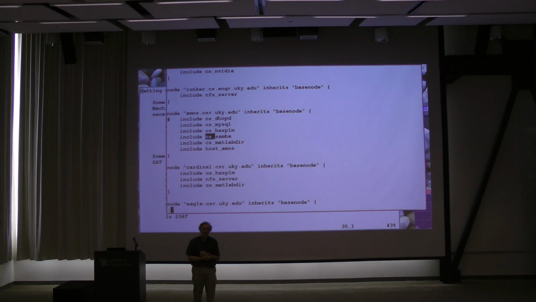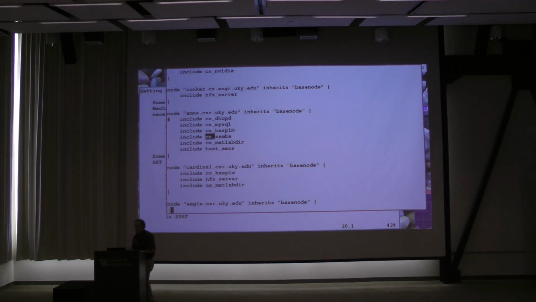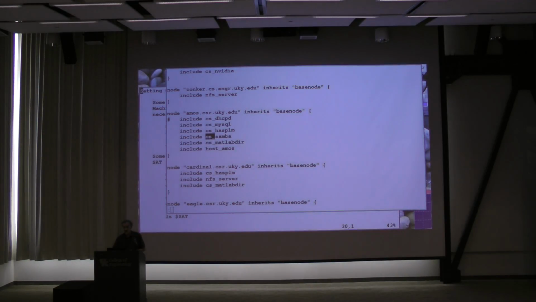On the other hand, a Samba server is able to export its files to Microsoft importers, Microsoft clients, so that they can think that they're actually talking to a Microsoft file share. So it turns out that Amos is a Samba server, and so it needs the Samba stuff.